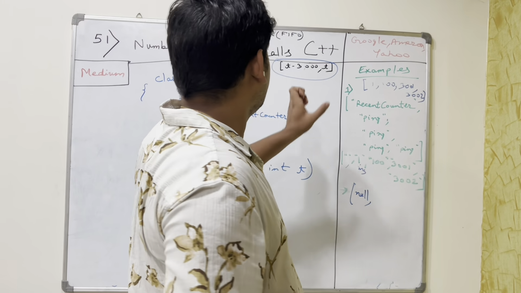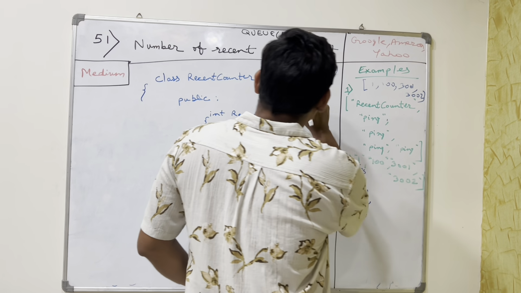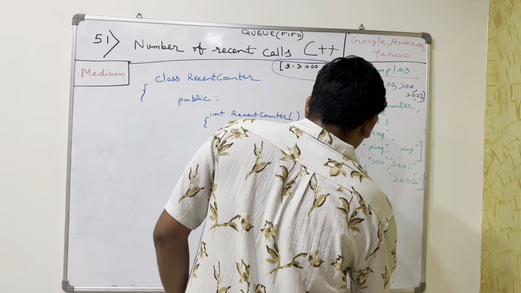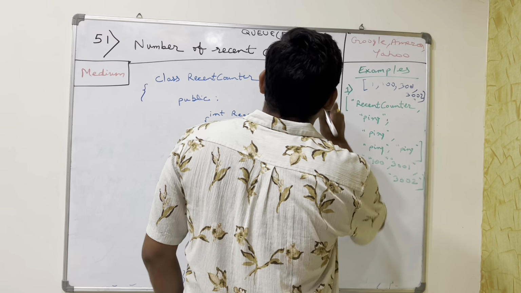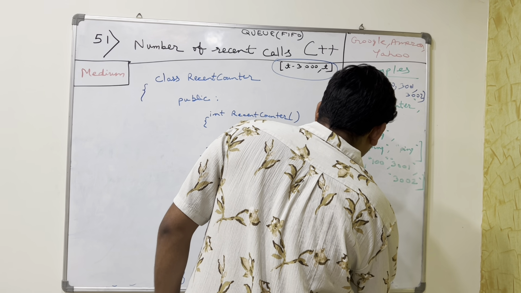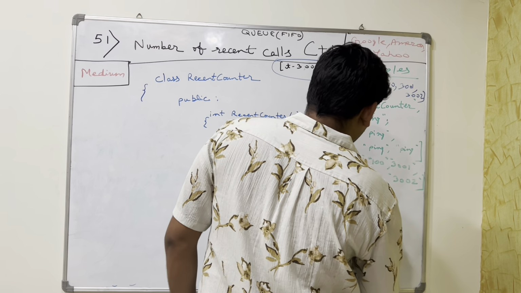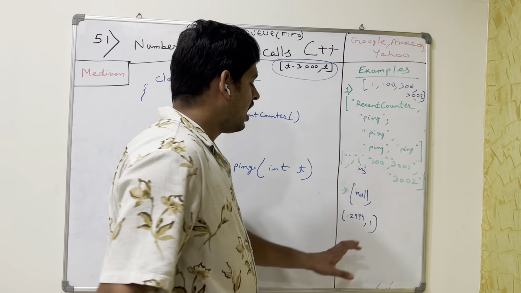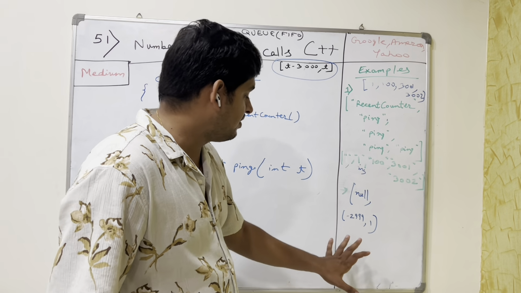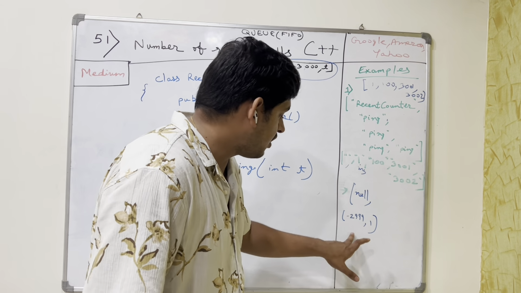So we need to calculate this. So 1 is the value of t. So 1 minus 3000 is minus 2999. Okay, and then t. So between this time, how many times the recent counter has been called? This is what we need to find.